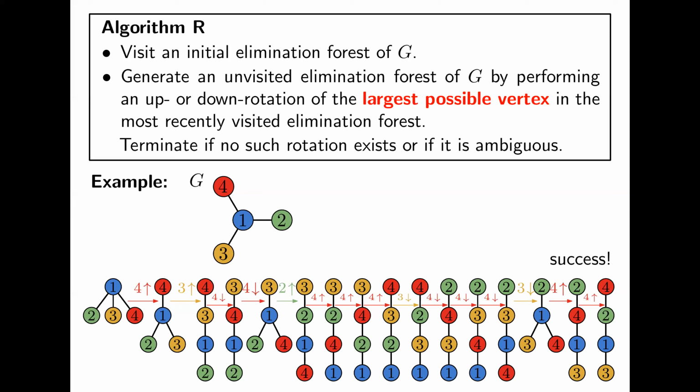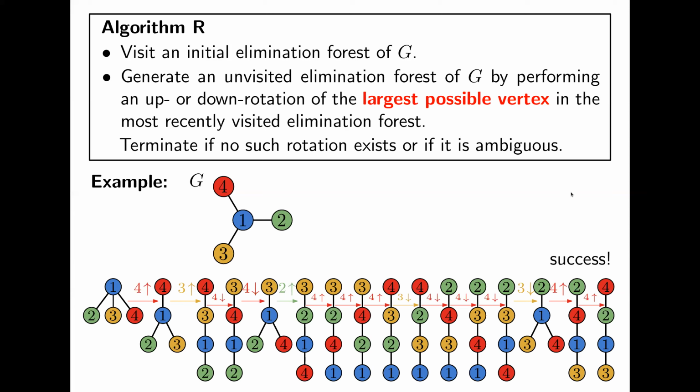So if you encounter a step where the largest possible vertex can go up and go down, and both are new trees, then the algorithm, the way it's stated, would give up, because it's an ambiguous situation. Of course, you could define some tie breaking and let's say prefer going up over going down. Yeah, this would be a different algorithm. In the way that the algorithm is stated now, this is an ambiguous situation, and we would give up immediately and the algorithm would terminate.